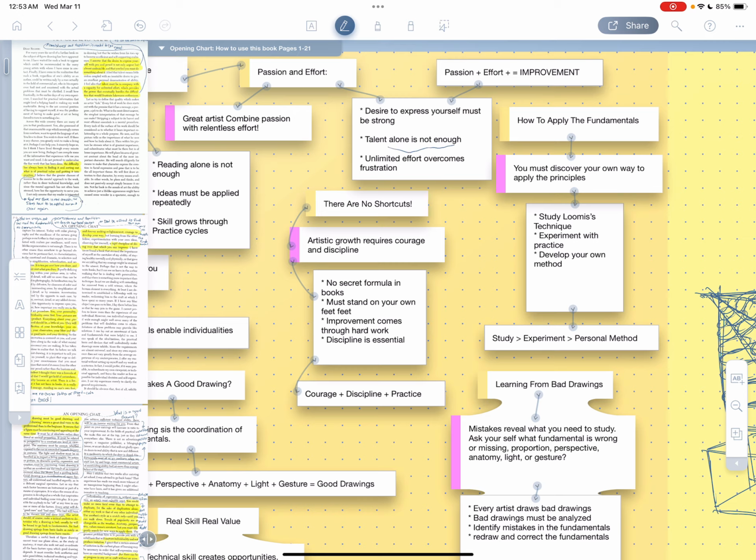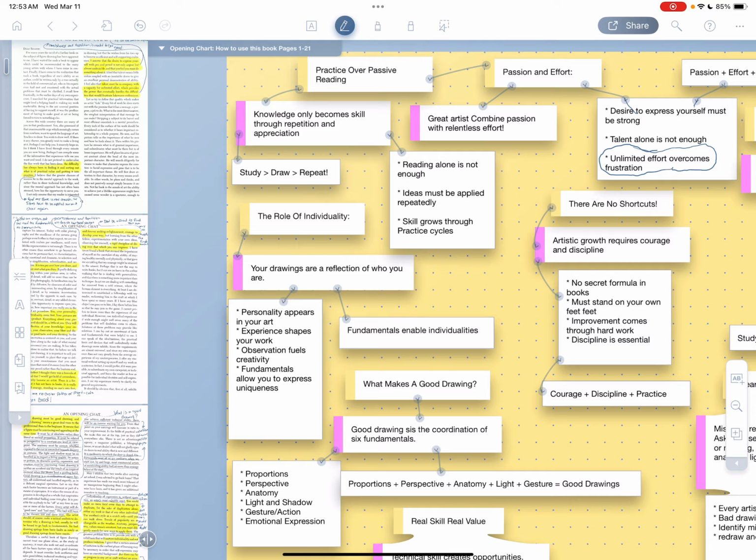Unlimited effort overcomes frustration. So eventually, this book is going to get hard, and unlimited effort, repeating, is what's going to get us over that hump. Passion plus effort equals improvement.